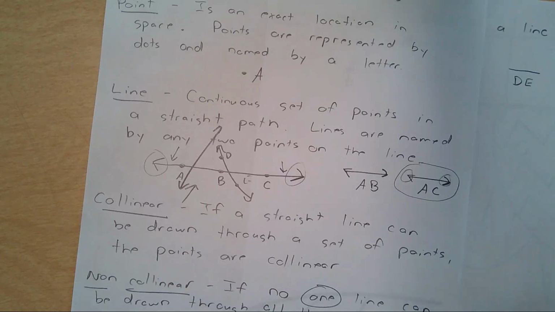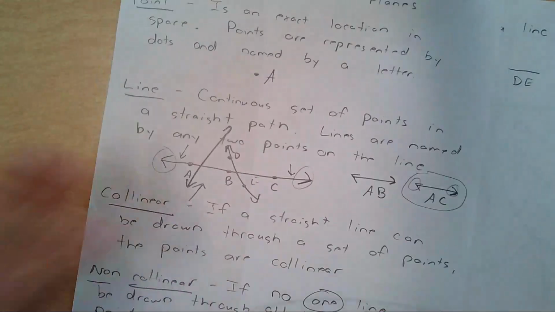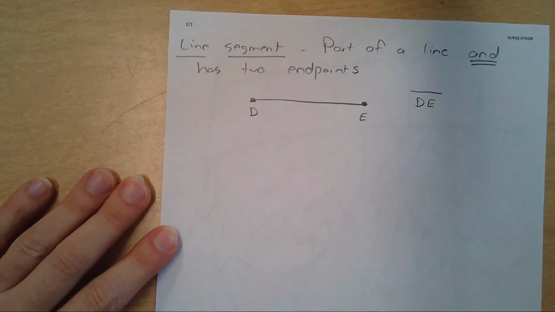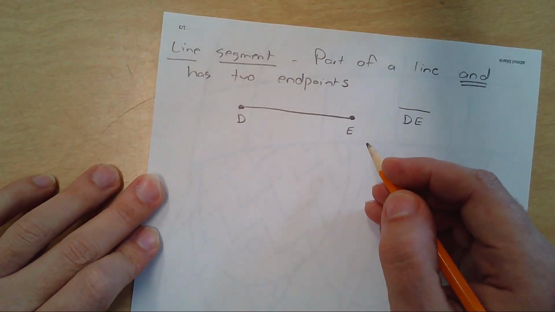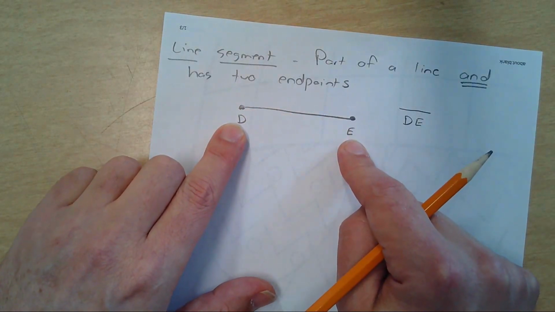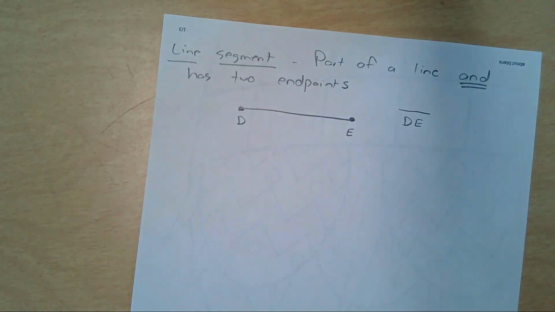If I'm talking about this line, this line, or this line, I need to be able to identify it somehow. So I know which line we're talking about. But all of these go in endless directions. But the line segment terminates. It does not endlessly go on. This is where it starts, this is where it ends, or vice versa. It does not go beyond those points. It is a segment. All right?